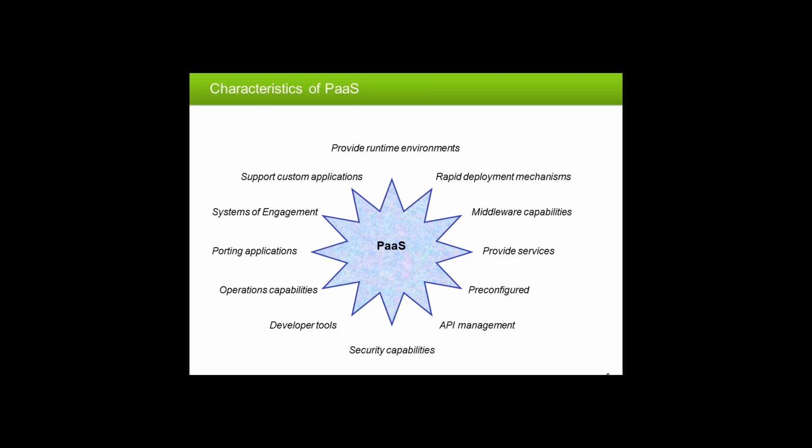But as well as development tools, there are also operations capabilities, because a PaaS environment is not only about developing stuff, it's about running it in production afterwards. And so PaaS environments tend to have a series of operations capabilities that allow the applications that are running to be managed, to be controlled, monitored, and for things like updates and so on.